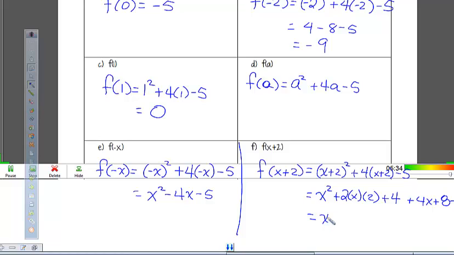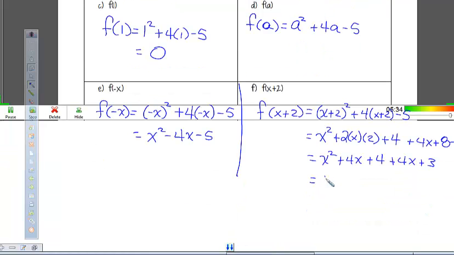Or x squared plus 4x plus 4 plus another 4x plus 3, x squared plus 8x plus 7. All right, we're done. Okay, questions about that?